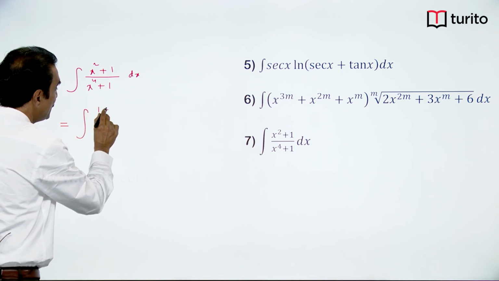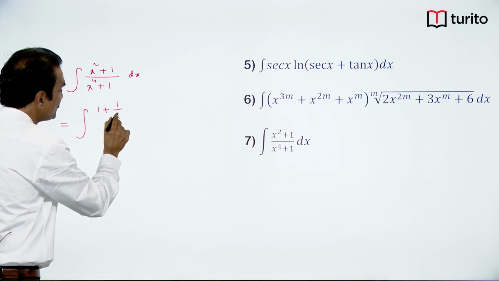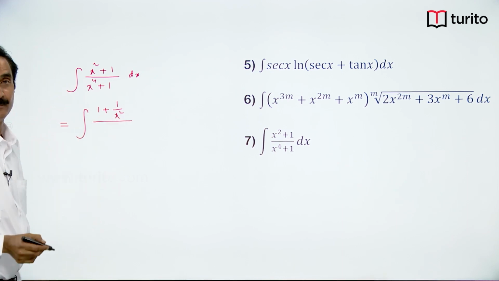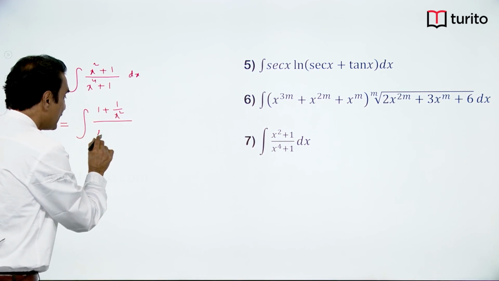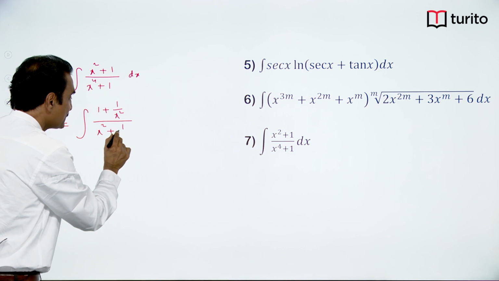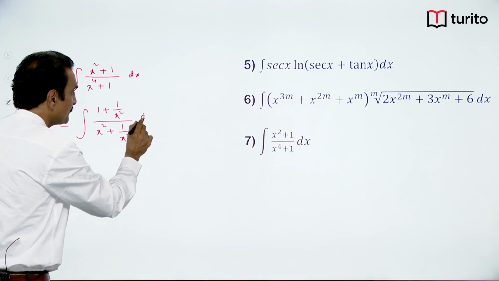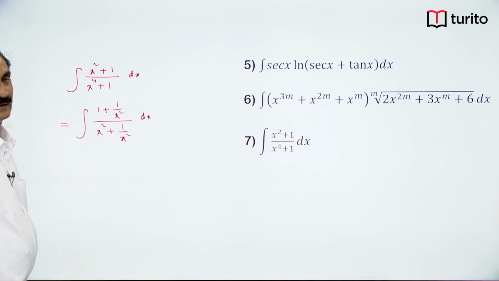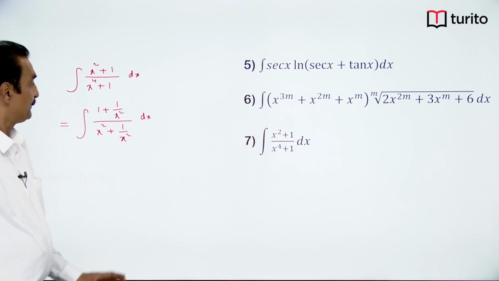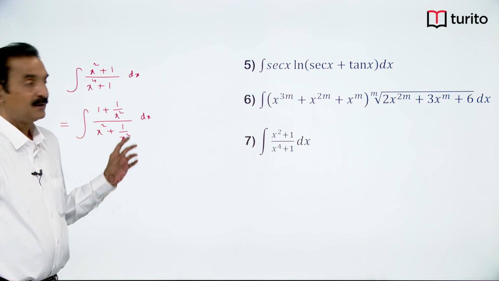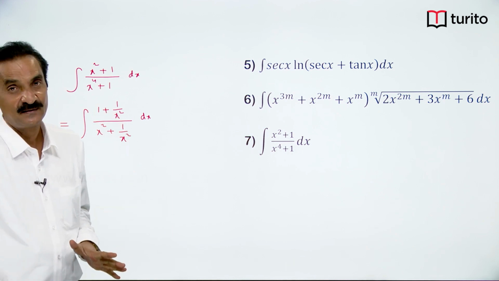Numerator becomes 1 plus 1 by x square, by x square plus 1 by x square. Now, look at the numerator. 1 plus 1 by x square is there.